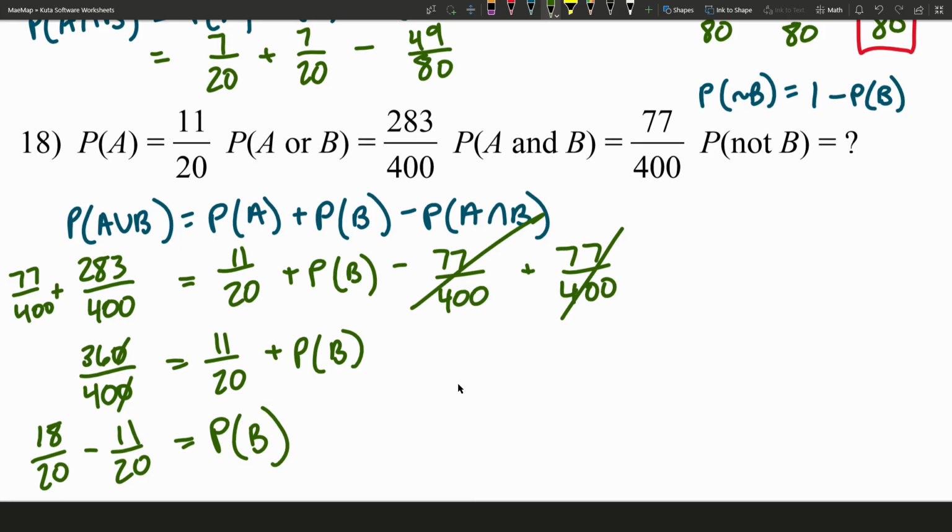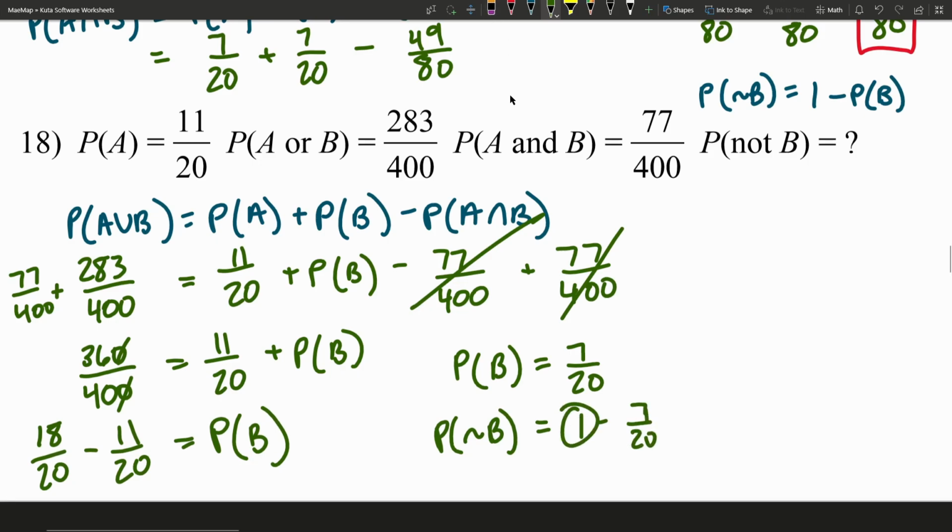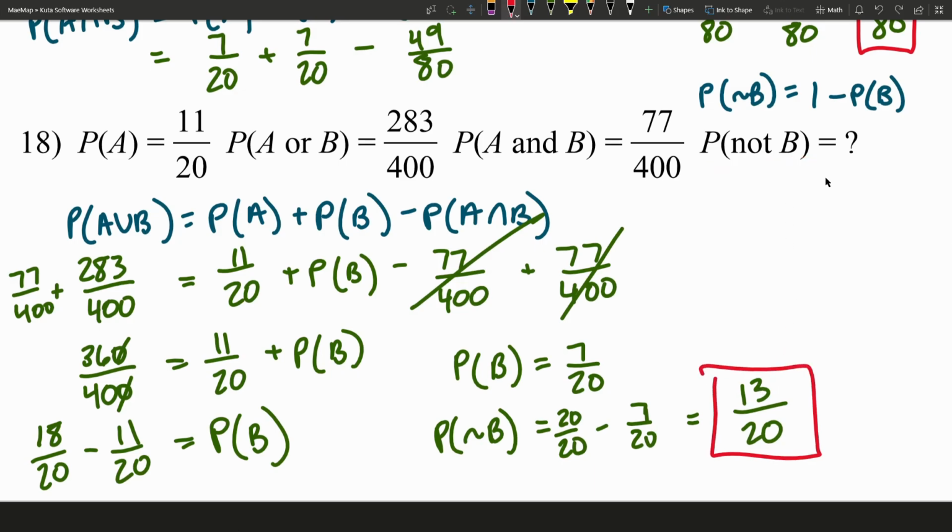So if the probability of B equals 7/20, well, the probability of not B is going to be equal to 1 minus 7/20, which we can think of this one, if necessary, as 20 over 20. 20 minus 7 is 13, so 13/20 is our solution for the probability of not B.